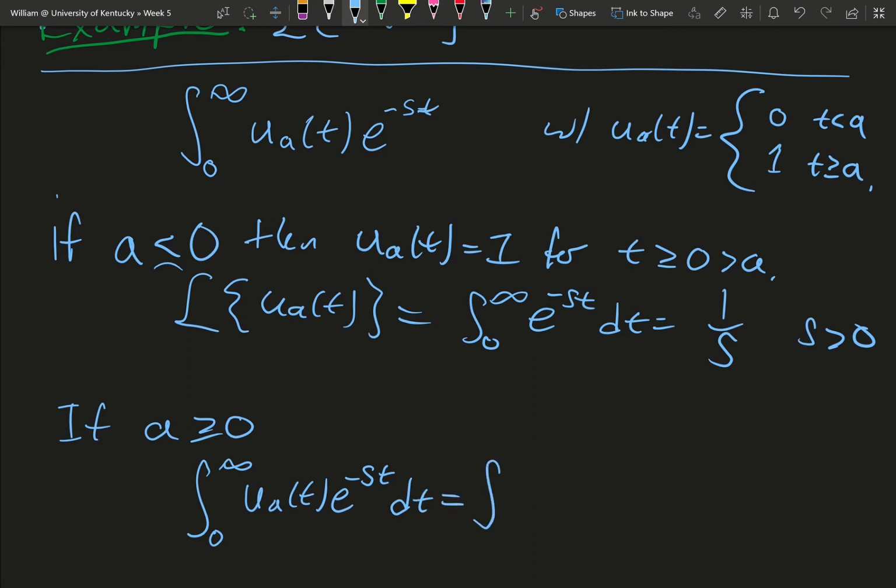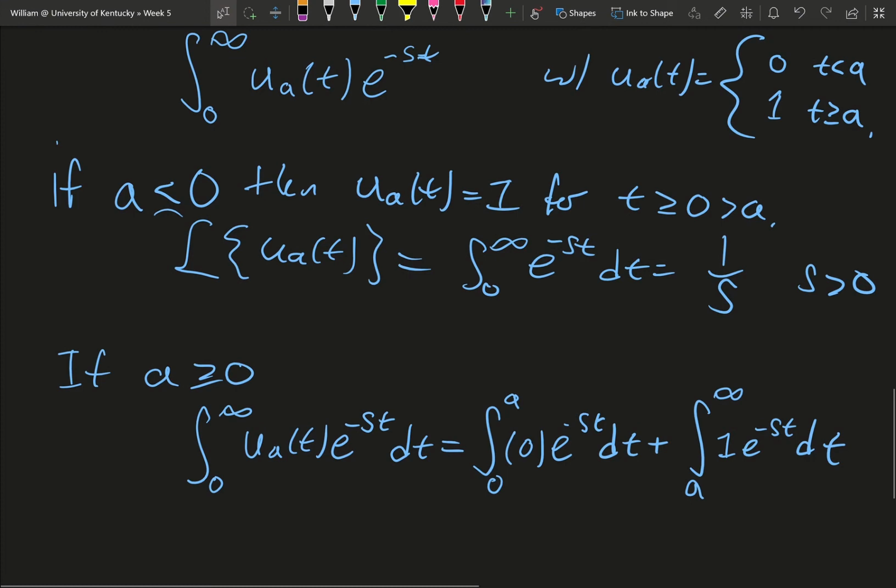So if t is in between 0 and a, then u of at is going to be 0. However, if we're in between a and infinity, then we're going to get a value of 1. So we know what happens here. That's just going to be equal to 0.